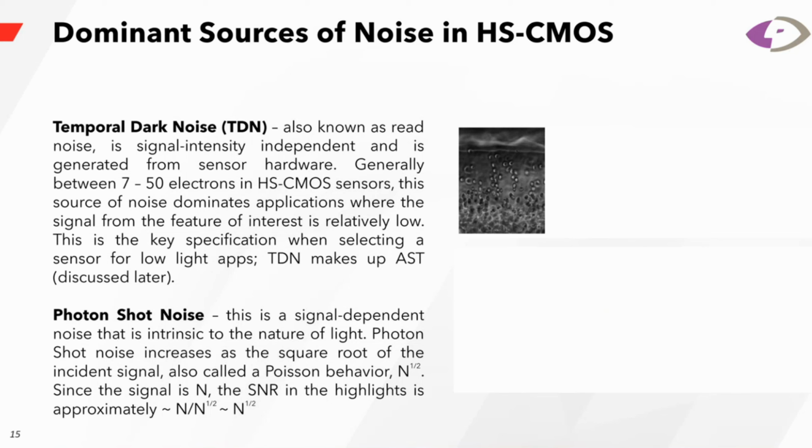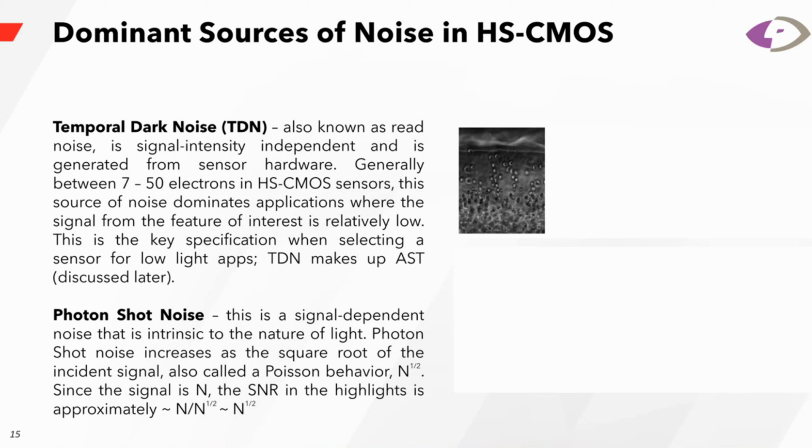If you look around at many sensors, you'll see that this number is between 7 and 50 electrons for high-speed CMOS sensors. And it really dominates in terms of specification for applications that deal with low light. And it also will bundle in to another specification called AST, or absolute sensitivity threshold.